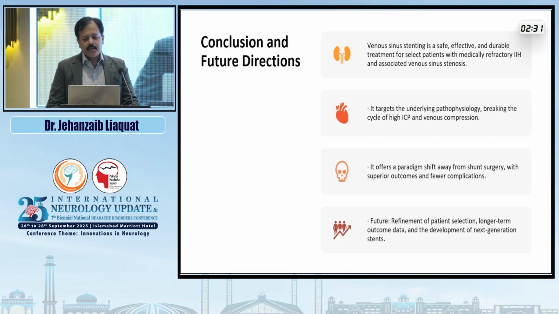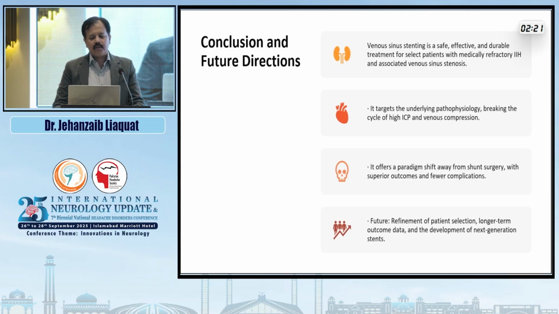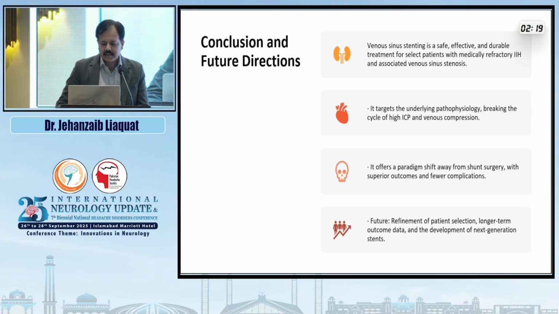I will conclude by saying that venous stenting is safe, effective, and a durable treatment for selected patients with medically refractory idiopathic intracranial hypertension, especially those associated with venous sinus stenosis.